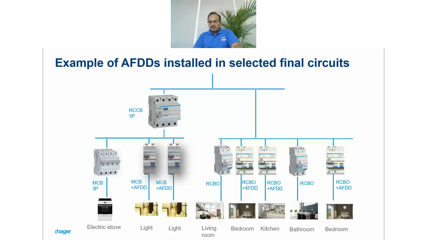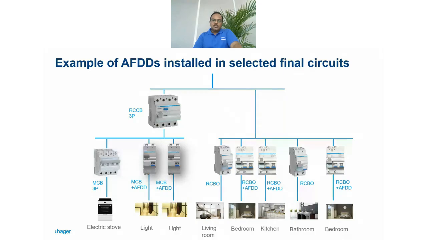Some of the bedrooms might have an RCBO with AFDD. I have not put it in the RCBO single mod style, this is just a picture to explain that some circuits might not be using AFDD, and some might. It's not an exact example, just to give an idea about how this can evolve in our region.